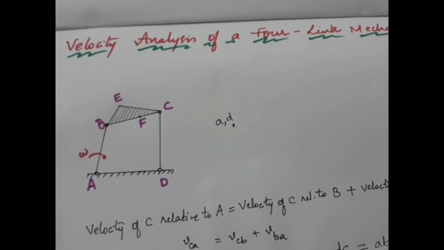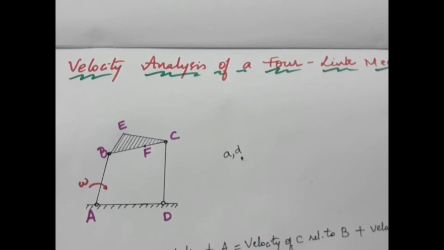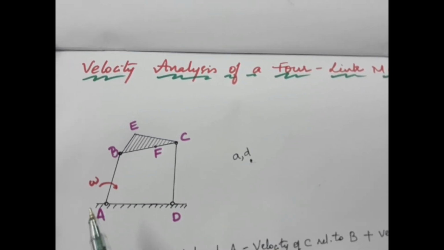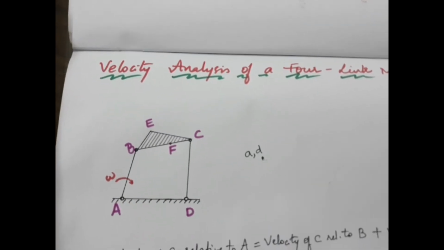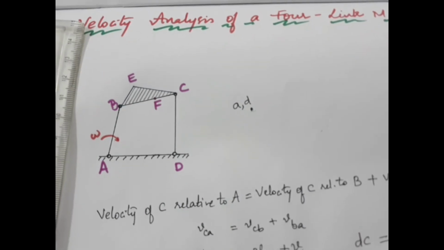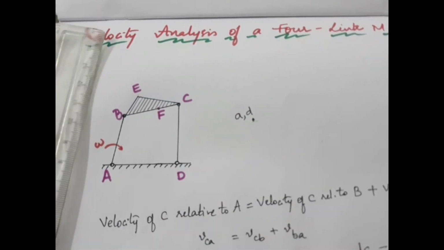Let us construct the velocity diagram. Since we know the first vector AB completely, let us draw the AB vector first. To draw the AB vector, we know how.